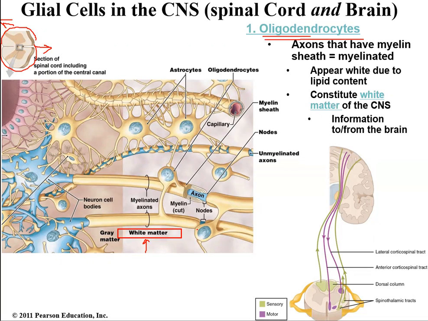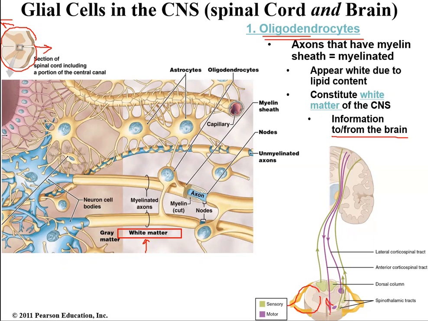Okay. And so in the spinal cord, the white matter is actually containing these myelinated axons, and therefore this is the region of the spinal cord that contains the structures carrying information to and from the brain. Okay, so what we can see down here is a section through the brain. Here we can see a section through the spinal cord, and so the dorsal roots, the ventral roots, okay?